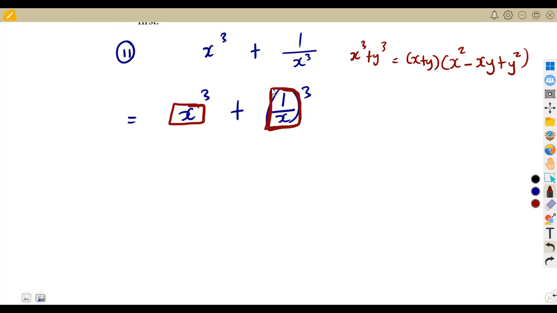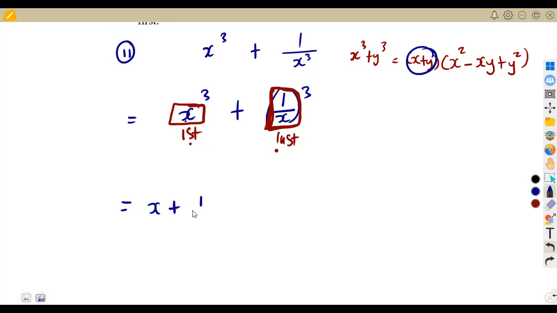If I can properly see these, I can factorize this because I'm going to have the first plus the last, which is x. Remember, this is your first, this is your last. So it's going to be first plus last, which is plus 1 over x. So we add our terms as they are.